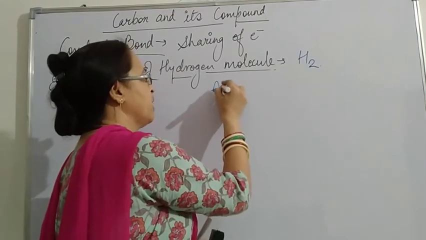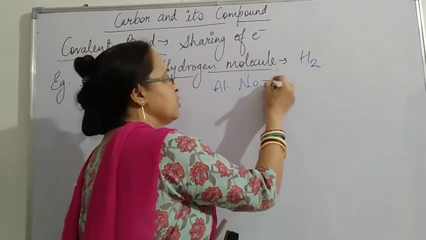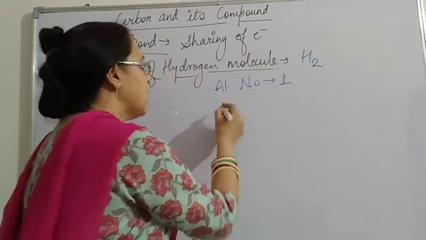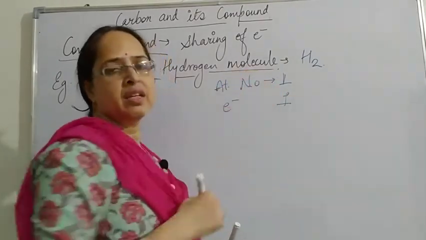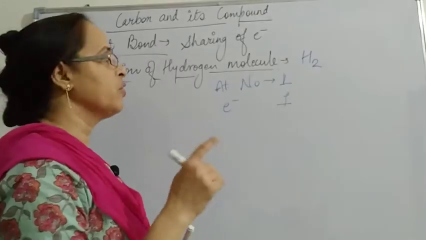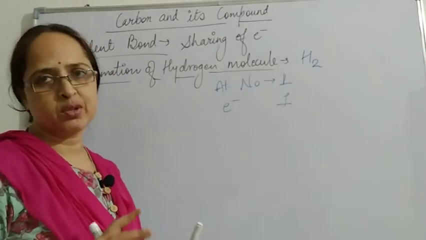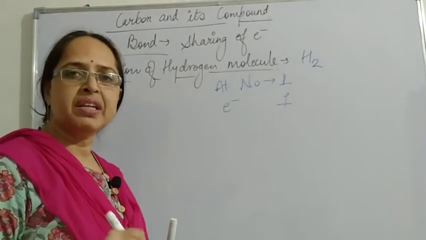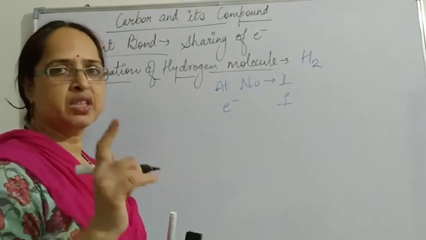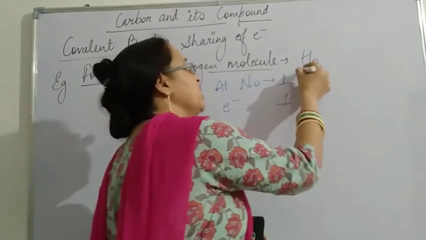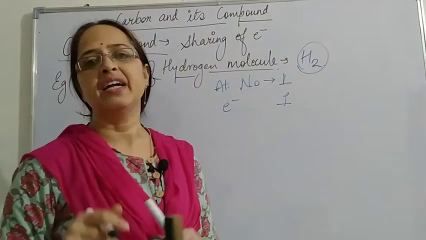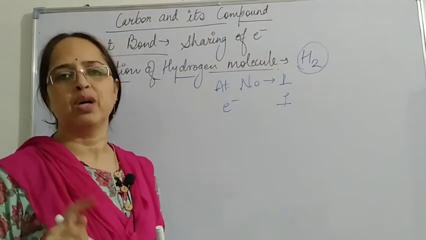The atomic number of hydrogen is 1, and the number of electrons is 1. That means in the first shell of hydrogen only 1 electron is present, and to complete its outermost orbit, the first shell, it requires 1 more electron.